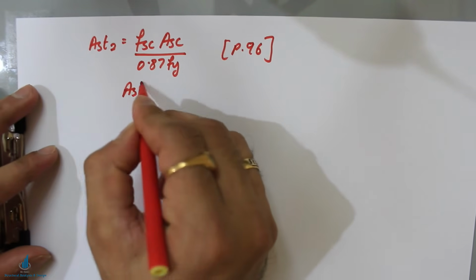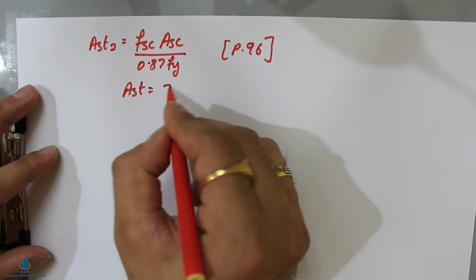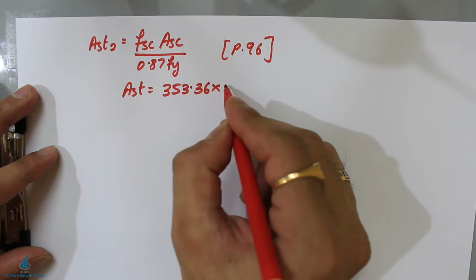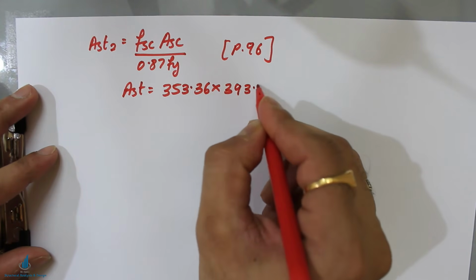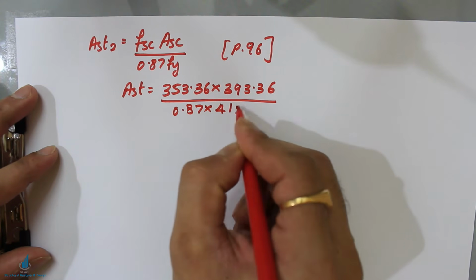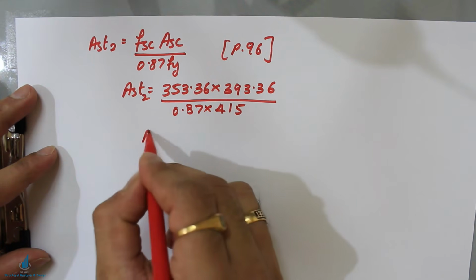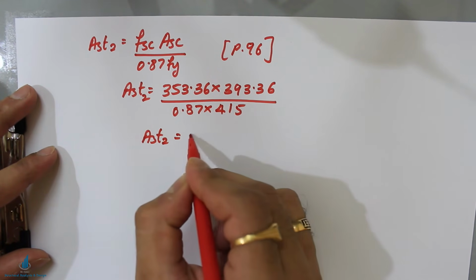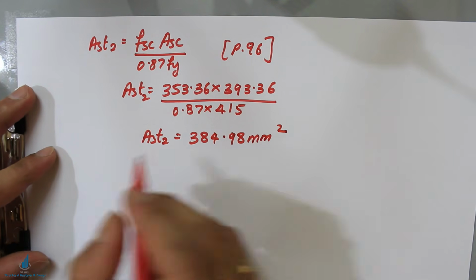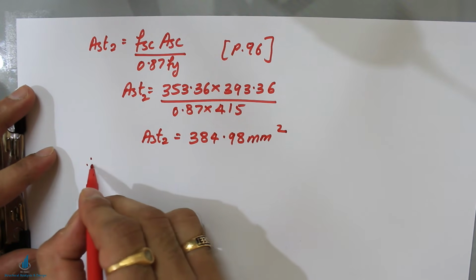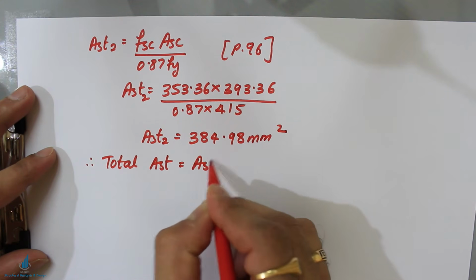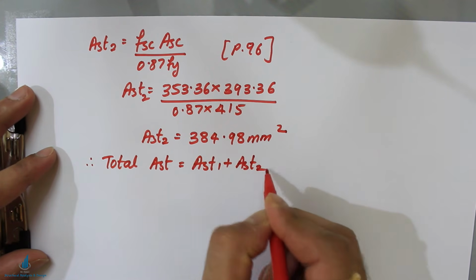So Ast2 is fsc was 353.36, Asc you calculated 393.36, divided by 0.87 into 415, and Ast2 comes out to be 384.98 mm square. And here you can conclude, therefore total Ast equals Ast1 plus Ast2.